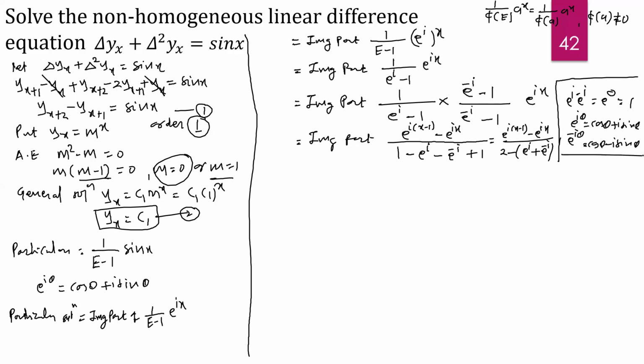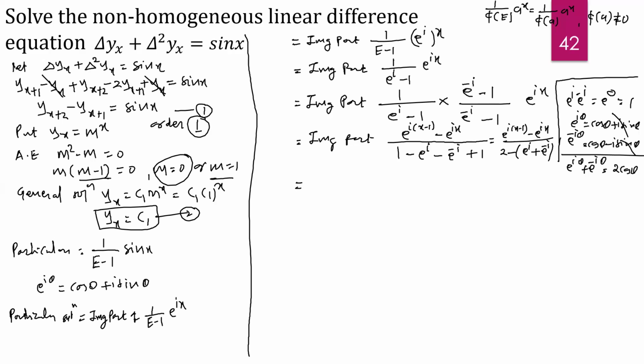If we add them, e raised to i theta plus e raised to minus i theta is equal to 2 times cos theta, as the imaginary parts cancel. So the denominator is 2 times cos, which means the denominator becomes real.